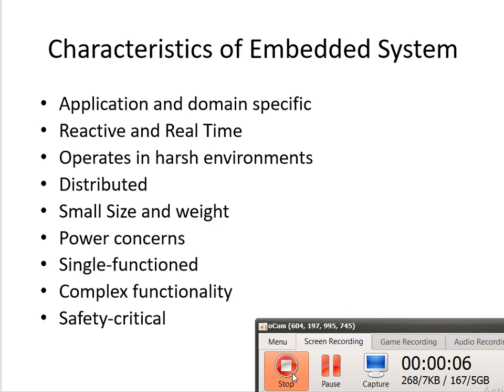In this part, we want to speak about the main characteristics of embedded systems.